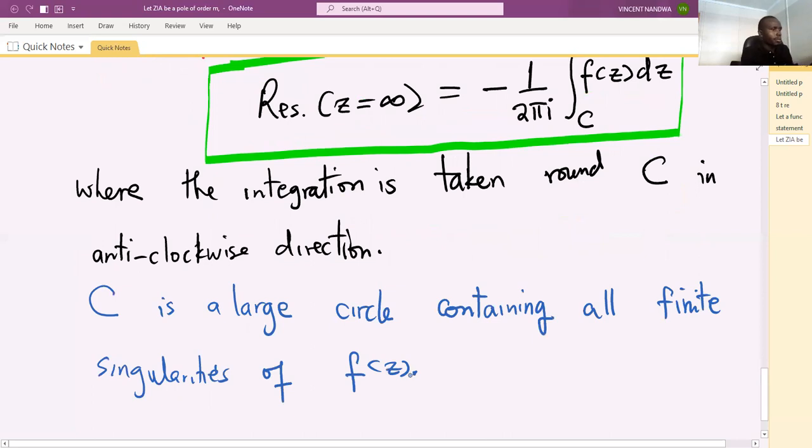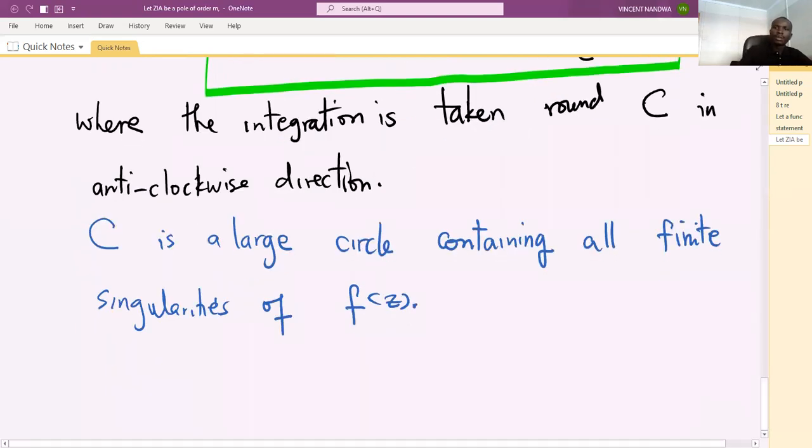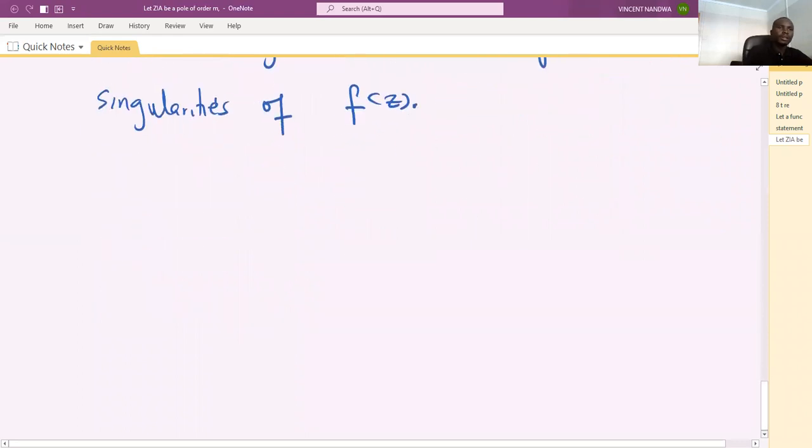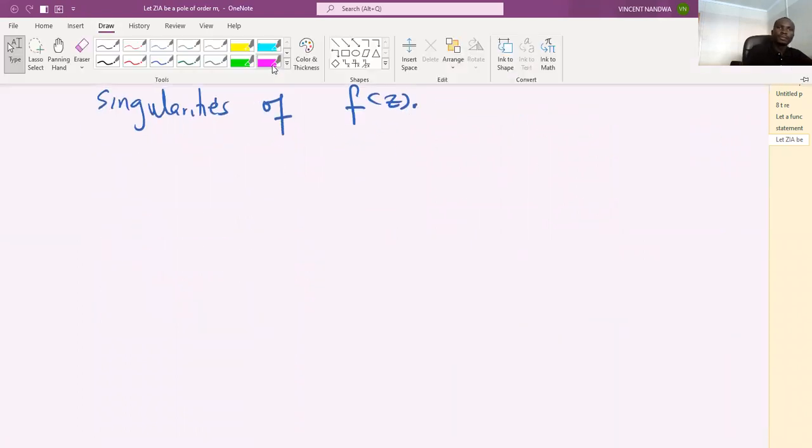So that's how we define residue at infinity. So I'm going now to give, in a summary, different methods of finding residues of functions.